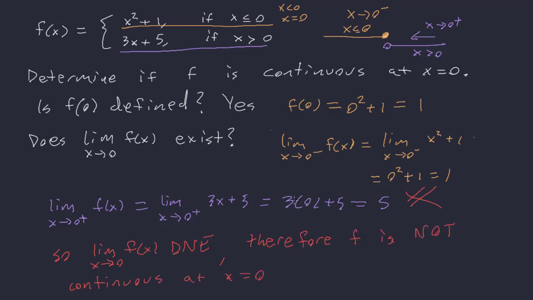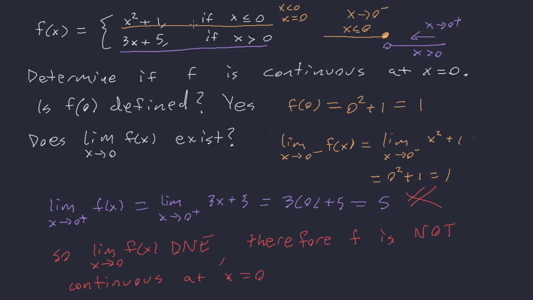Okay? So notice what I did there. I just checked both sides. And if they match, and you get the same thing at x equals 0, it's going to be continuous. If they don't match, it's not going to be continuous.